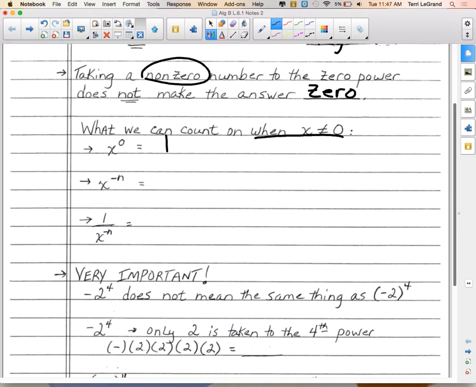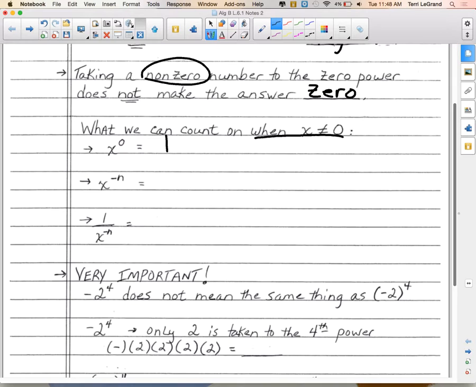What was 4 to the 0 power? 1. Okay, what is 1 to the 0 power? 1.